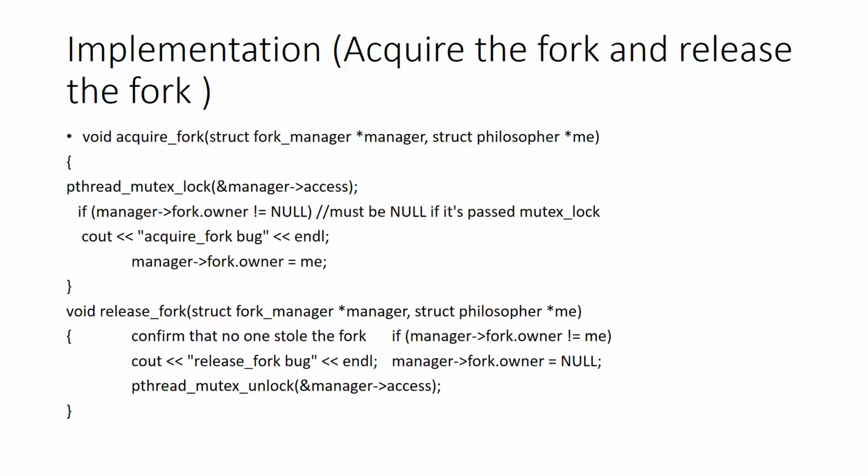They have two arguments: a pointer to a fork manager, which again is that pair of fork and its mutex access variable, and as the second argument, a pointer to a philosopher structure, which will emulate the philosopher that currently owns the resource when he tries to acquire it.